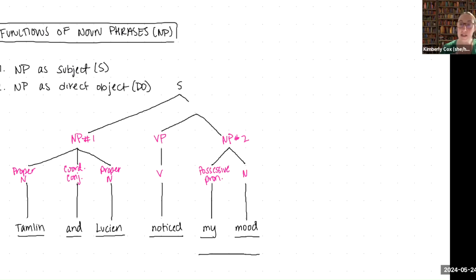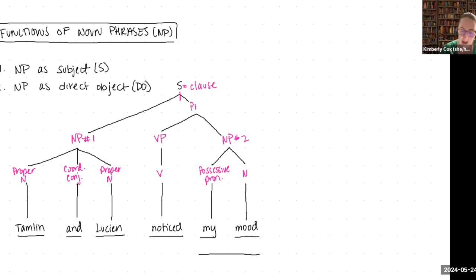And noticed my mood. If you remember, we're going to have our subject predicate split, which happens up here, right at the top of this. S weirdly stands for clause instead of sentence. You can just think about it as sentence if that's helpful. So this is where our subject predicate split happens.